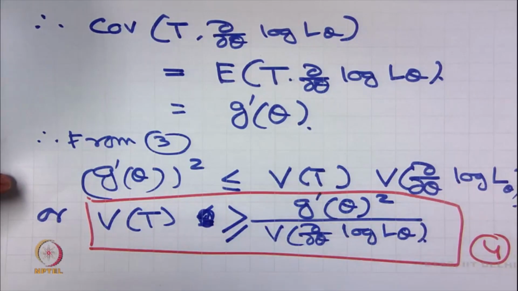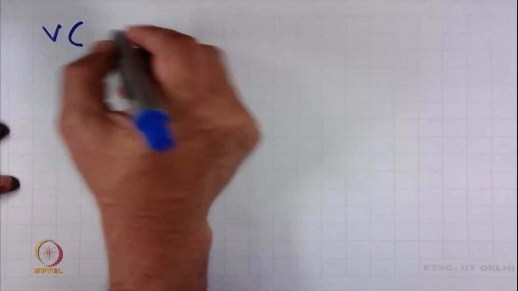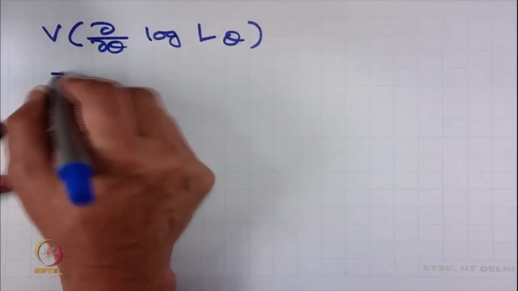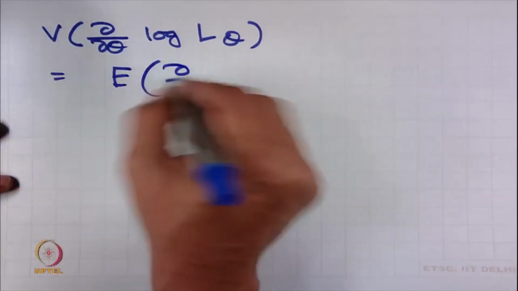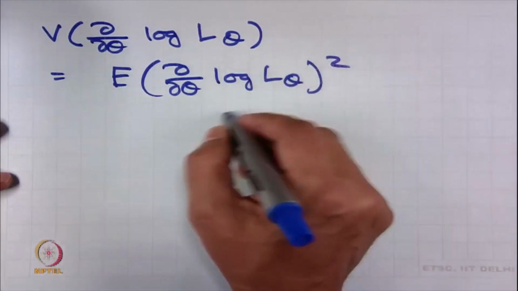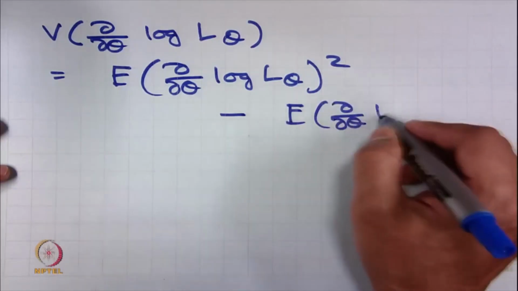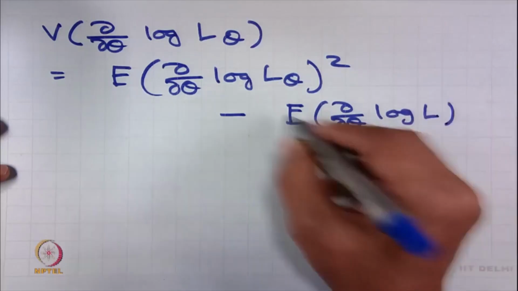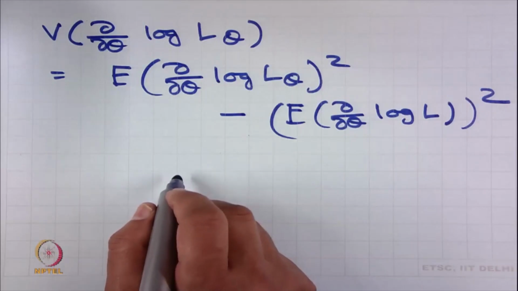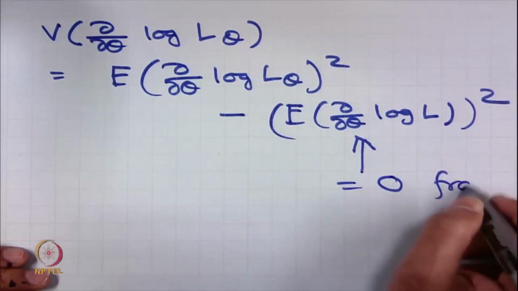Now, in 4, let us look at what is variance of del theta log L theta. It is equal to expected value of del theta log L theta whole square minus expected value of del theta log L theta whole square, and this is equal to 0 from 1.